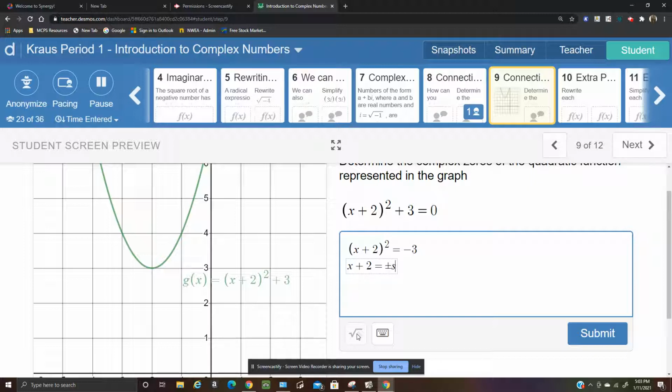So plus or minus square root of negative 3. And then subtract 2 and pull the i out of the radical. Negative 2 plus or minus i root 3.